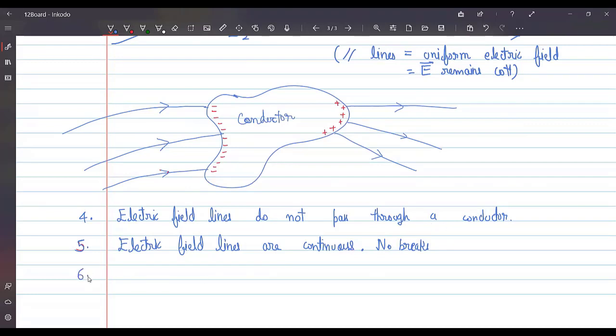Next is: the more the number of electric field lines in a region, the more is the value of electric field.